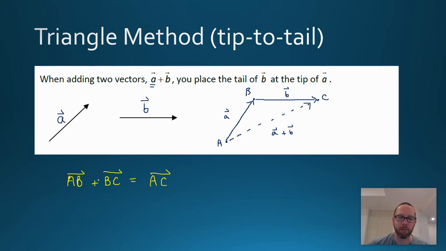As you can see, AB plus BC, if you have these B's linking up, it's almost like they cancel. They don't really cancel, but it's just a visual aid. And the result is a vector that goes from A to C. So you can make use of that, and we will in various other applications.